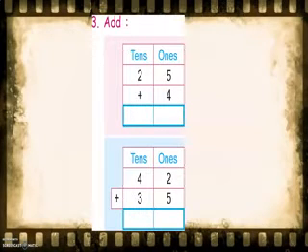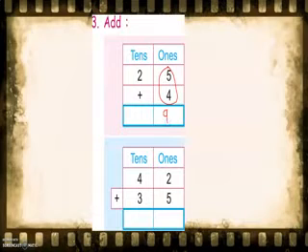Now, we can add these numbers. 25 plus 4. Yes, to add 2 numbers, first you have to add the ones place digits. Here the ones place digits are 5 and 4. So we add 5 and 4 first. 5 plus 4 is, yes, 9.